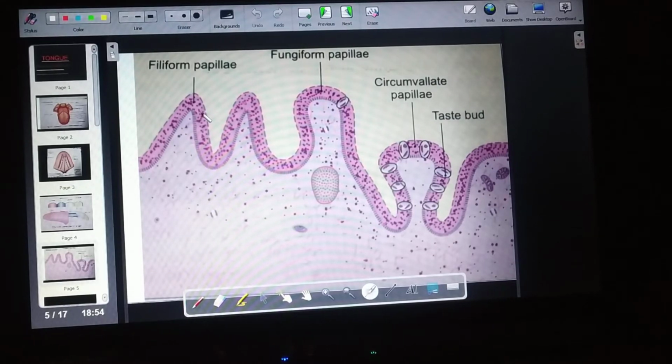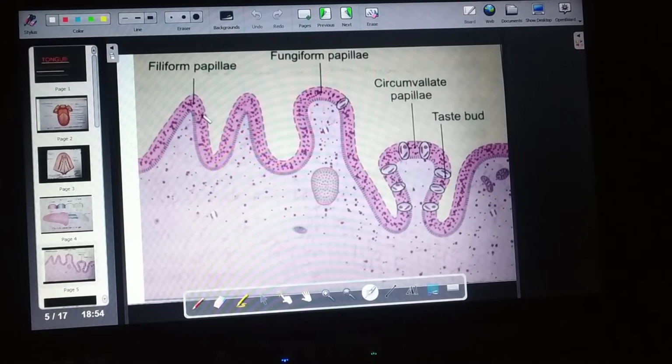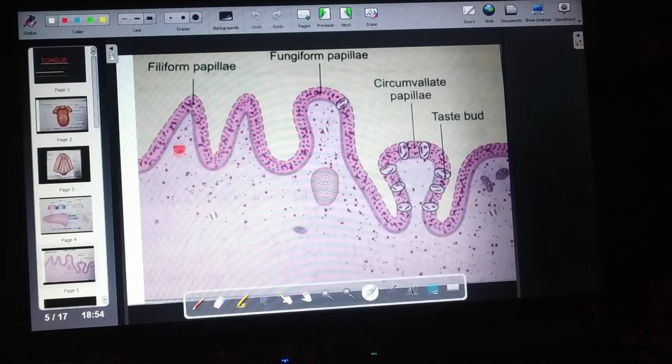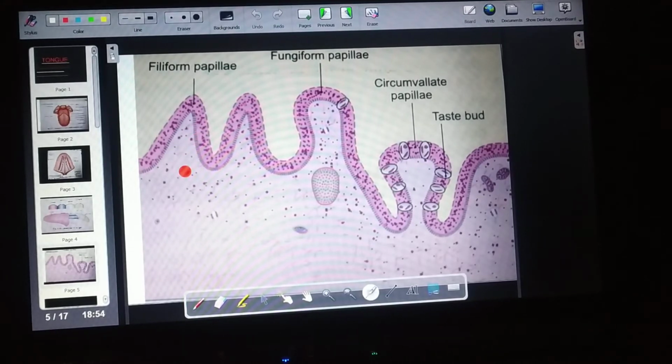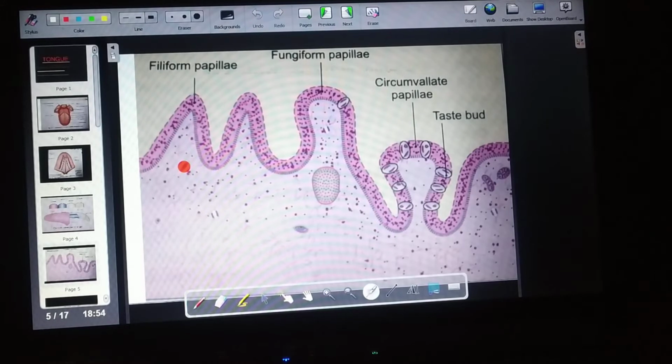If the filiform papillae are few or absent, the tongue becomes a bald tongue. This is seen in many anemias. Taste sensation is good enough, but not maximum, and these are triangular in histological section.